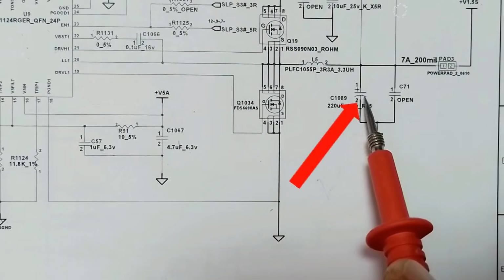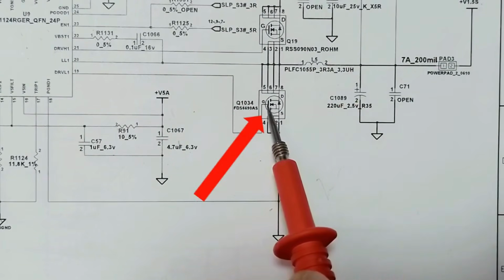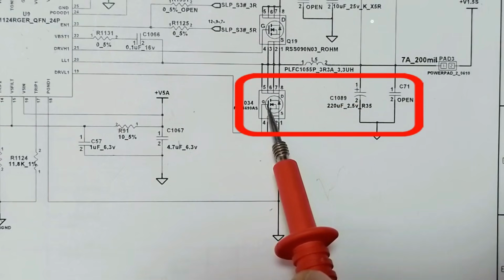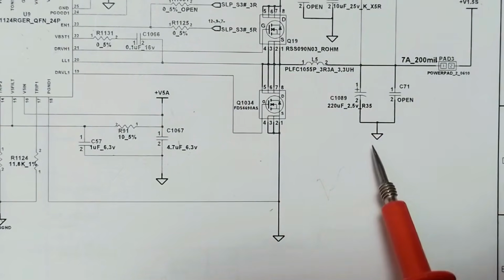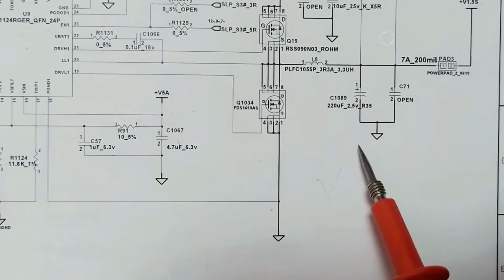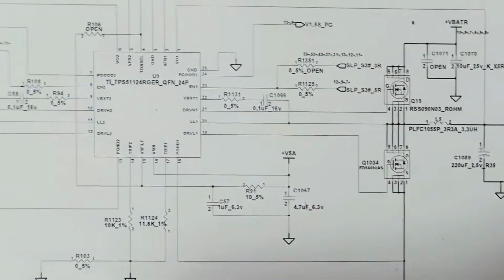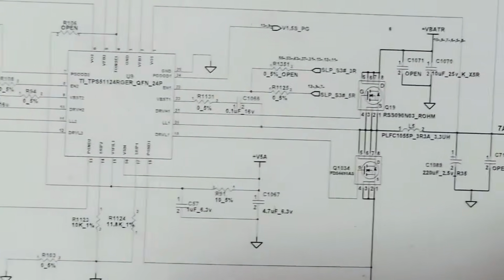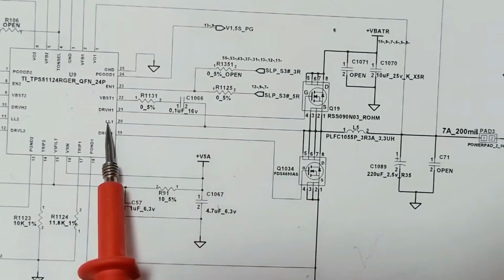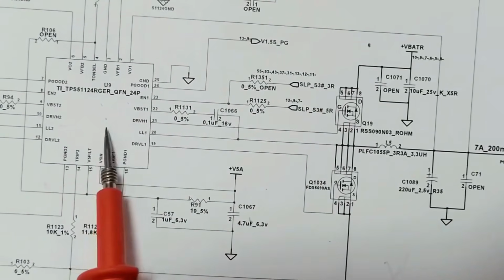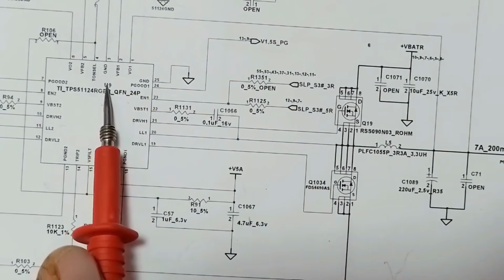One of these capacitors or the MOSFET could be the shorted component. That's why we get a short circuit. So whenever you get a short circuit, you should look for the components that are connected directly to the ground.